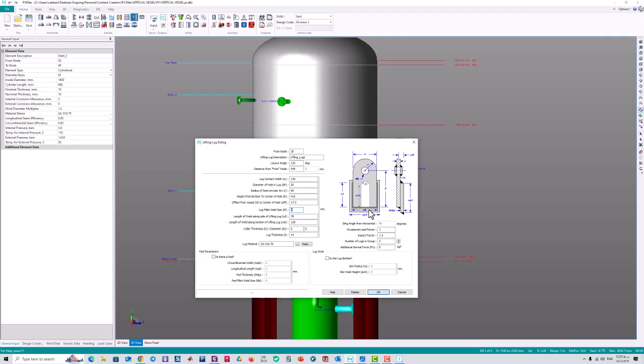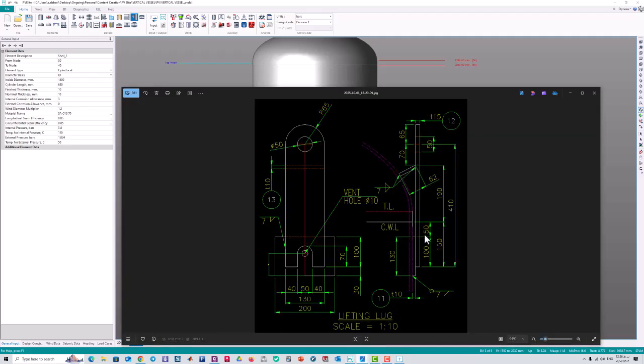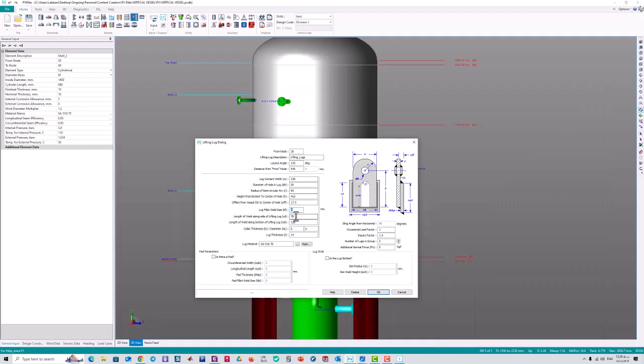And the dimension of the fillet weld is usually taken as 0.7 times the thinner thickness of the joint.